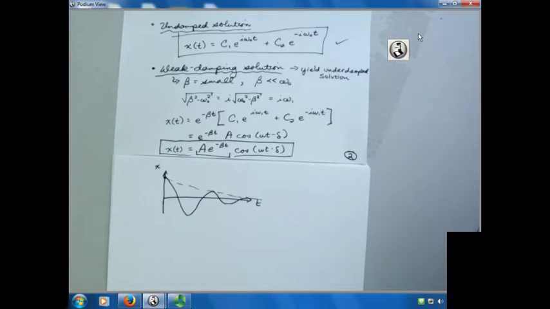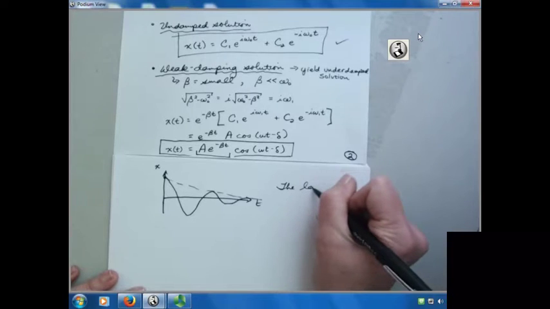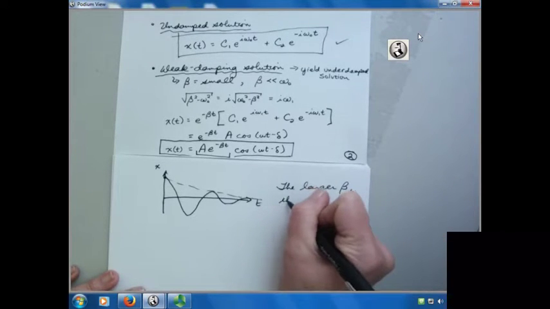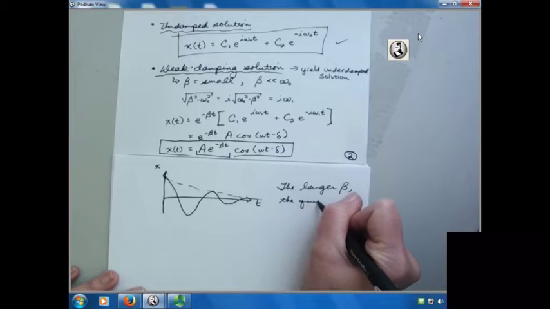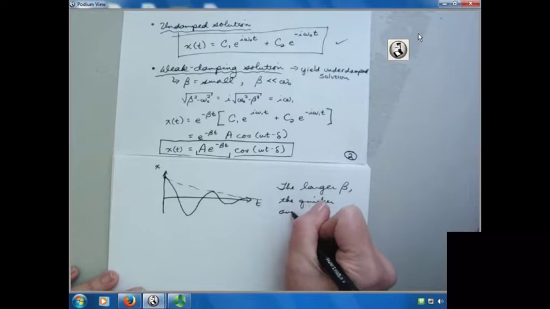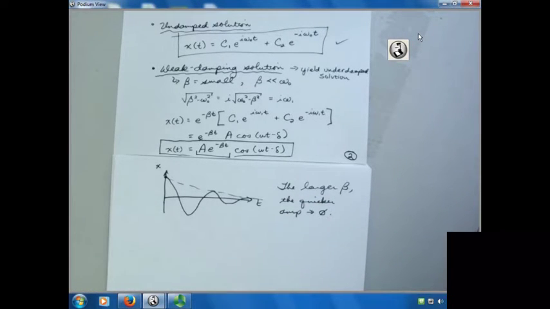Anything else I want to say about that? Just say the larger the beta, the quicker my amplitude goes to 0, and the quicker the motion dies. Right?